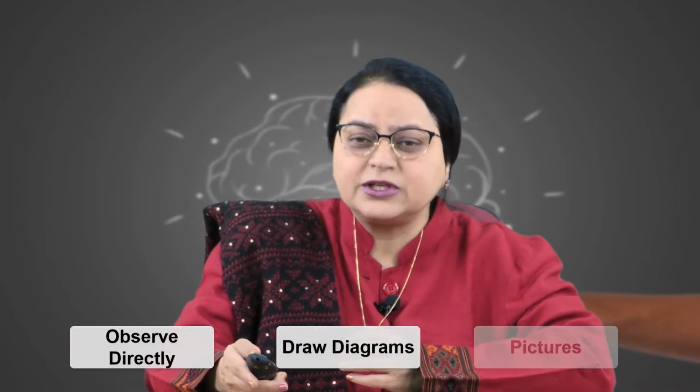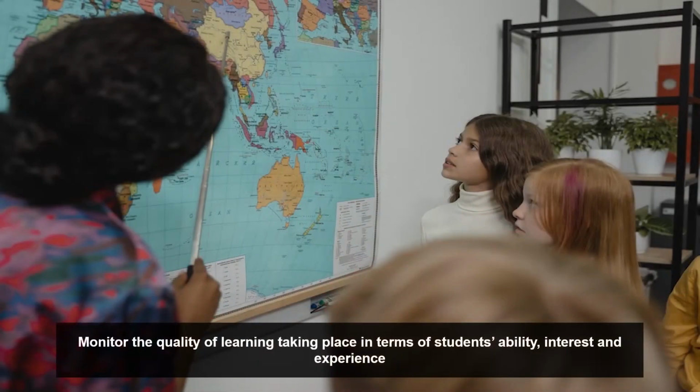This is from the teacher's point of view. From the student's point of view, students are motivated to observe directly, draw diagrams and pictures, record the observations, and describe from one's own experiences. For teachers, they monitor the quality of learning taking place in terms of students' ability, interest, and experience. And for students, they infer and generalize from their experiences the knowledge being gained.